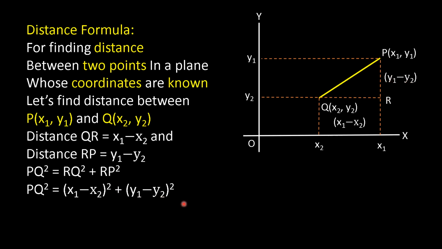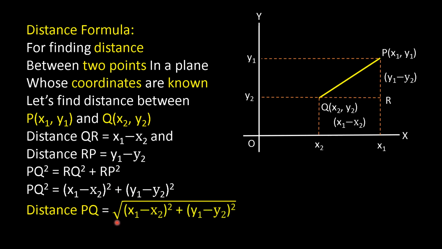We will take square roots on both sides and write distance PQ equals square root of (x1 minus x2) whole square plus (y1 minus y2) whole square, which is this quantity. And this is the distance formula which is used to find distance between 2 points in a plane. So we have distance PQ equals square root of (x1 minus x2) whole square plus (y1 minus y2) whole square.